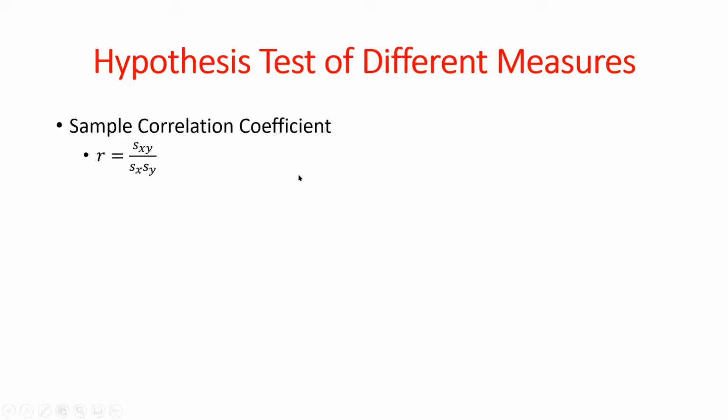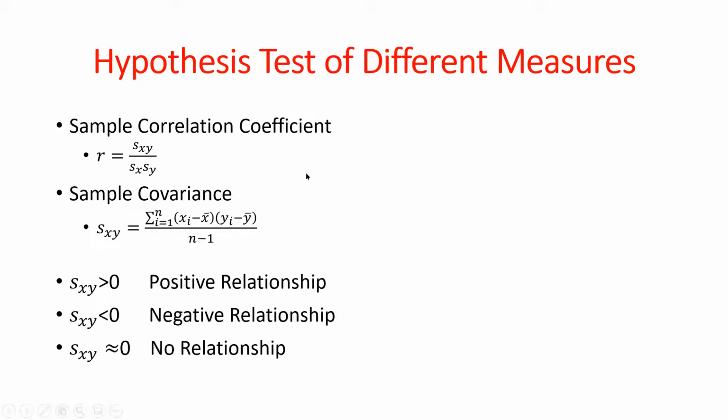Okay. So we've talked previously about measures that try to pick up on the relationship between an X and a Y variable. We said we had the correlation coefficient and the covariance. If either one of those was positive, that meant that as X got higher, Y tended to be higher as well. If it was negative, as X got higher, Y tended to be lower.